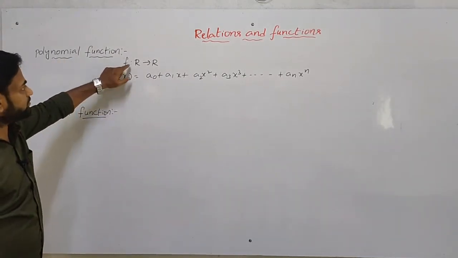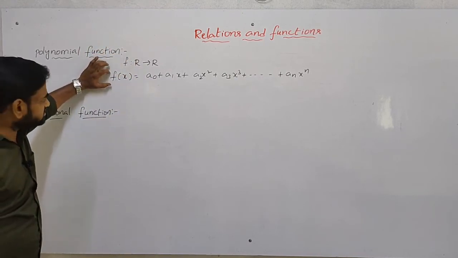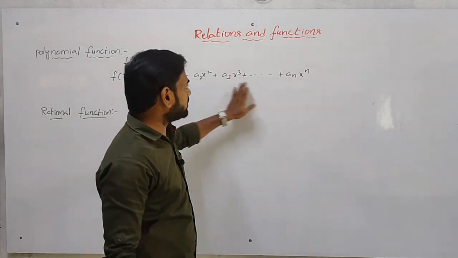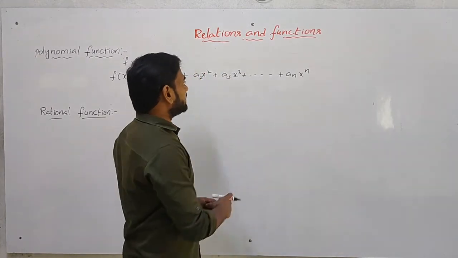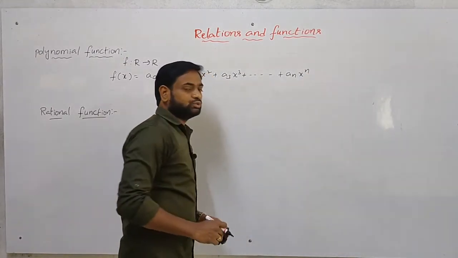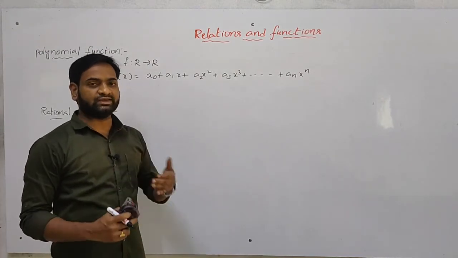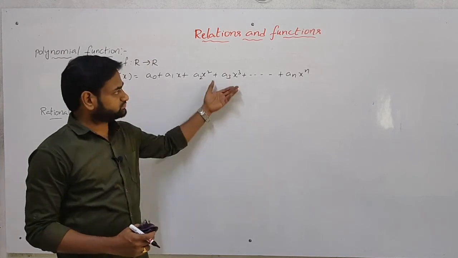The function f from R to R is said to be a polynomial function if f of x equal to a0 plus a1x plus a2x square and so on an x power n. Here n is a non-negative integer.